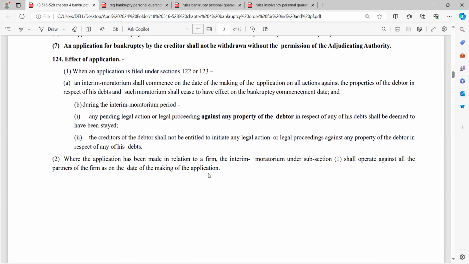The creditor of the debtor shall not be entitled to initiate any legal action or proceedings against any property of the debtor in respect of any of his debts. Where the application has been made in relation to a firm, the interim moratorium shall operate against all the partners of the firm as on the date of making of the application.